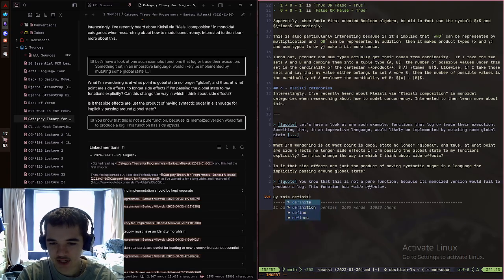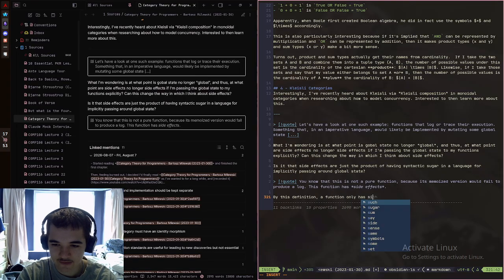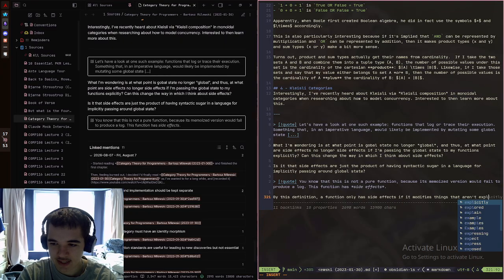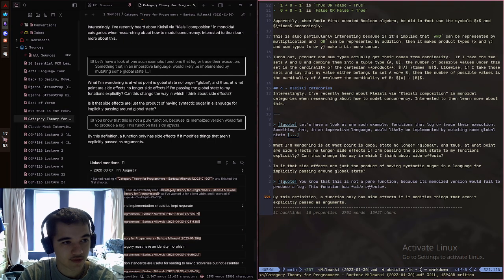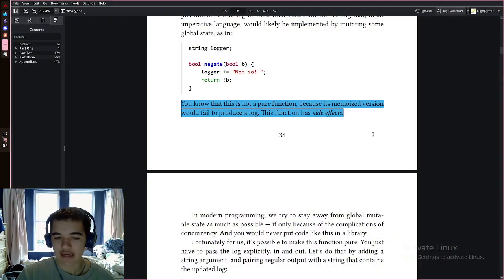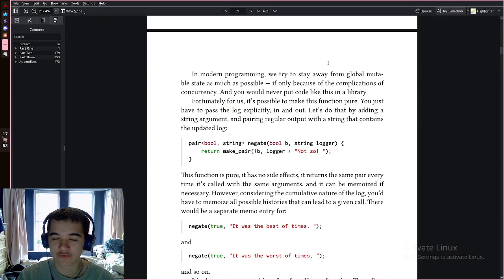By this definition, a function only has side effects if it modifies things that aren't explicitly passed as arguments. I believe in modern programming we try to stay away from global mutable state as much as possible, if only because of the complications of concurrency. And you would never put code like this in a library.